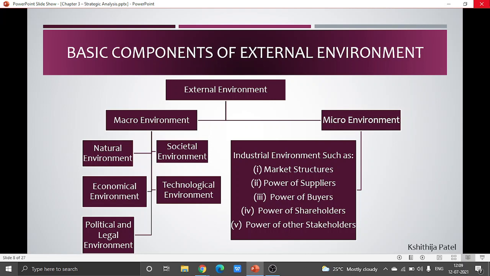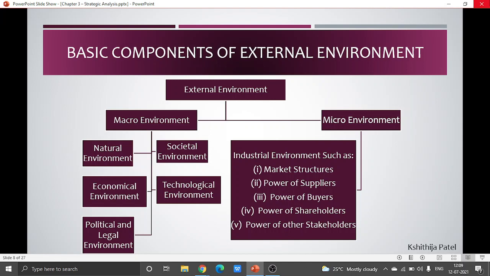Now, society, if we take it in general, has understood that the environment should be protected not only for the present, but it has to be protected for future generations also. And here we speak about sustainability. So the concept of sustainability is strengthening among society.